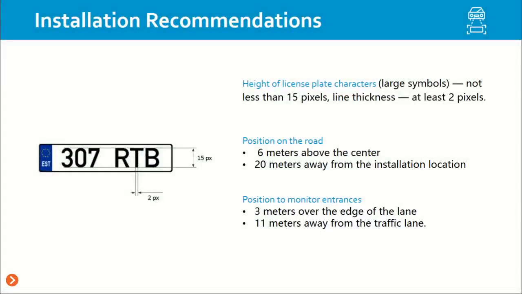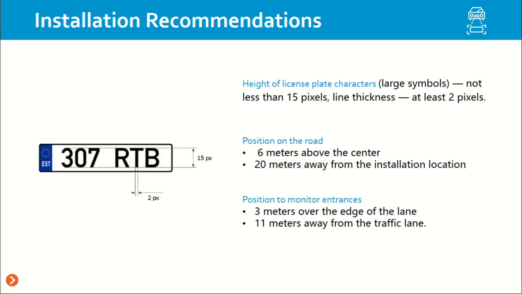To ensure the accurate recognition of a number, the following conditions are required to be met. The minimum symbol width must be 2 pixels and the height must be equal 15 pixels. In order to recognize the symbols on the road, the camera must be located at a distance of 6 meters above the center of the control plane.